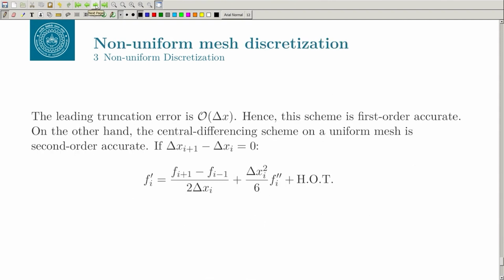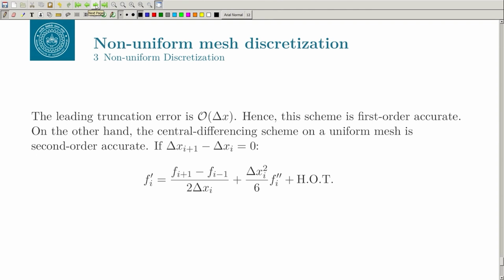Now one question comes: the compact scheme that we have derived is for the uniform mesh. So, how do we use the compact scheme for a non-uniform mesh, or even for meshes which are not very nicely aligned?